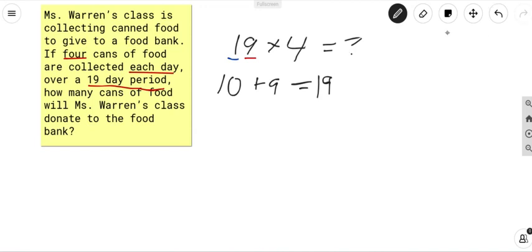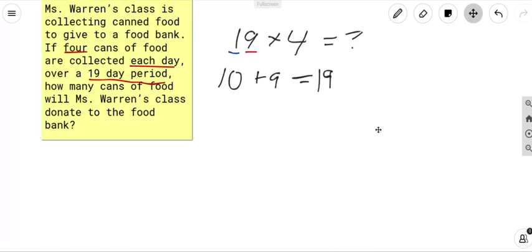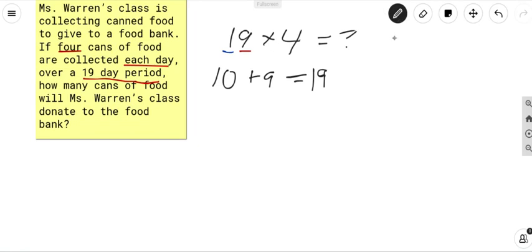So now remember the first thing that we always do is we're going to stack those numbers. So I have 19 times 4. And I'm going to put my line down to do my 2 problems over to the side.